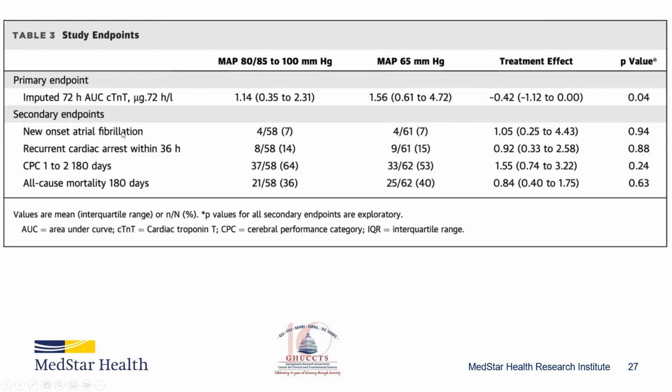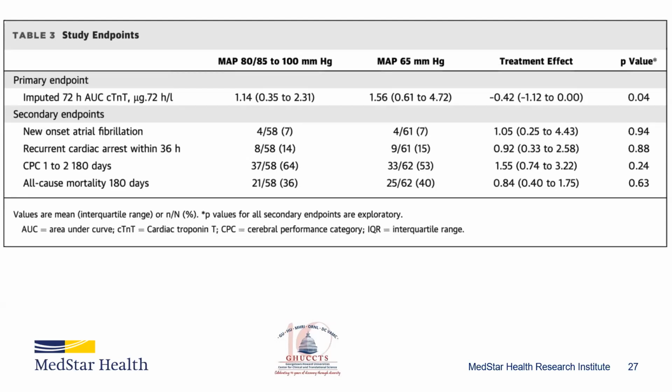But they also have several secondary endpoints here that are not significant, but they've added to the number of statistical tests they've done. I don't remember how many it is, but if we were to look at all the different hypotheses they tested, then we would need to make some correction for multiple testing.